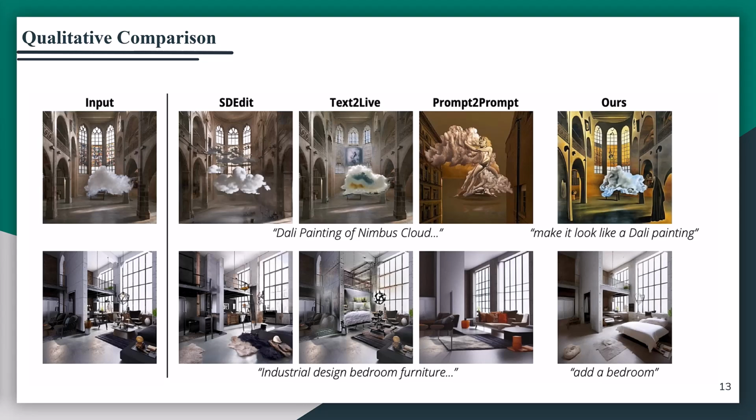Also, in terms of qualitative comparison, we can see examples of different image editing approaches, including SDEdit, text2live, prompt-to-prompt, and InstructPix2Pix. Each method has been applied to the same image, but there is a key difference in how they interpret the instruction. While SDEdit, text2live, and prompt-to-prompt rely on output captions to describe the desired final image, InstructPix2Pix follows specific edit instructions directly.